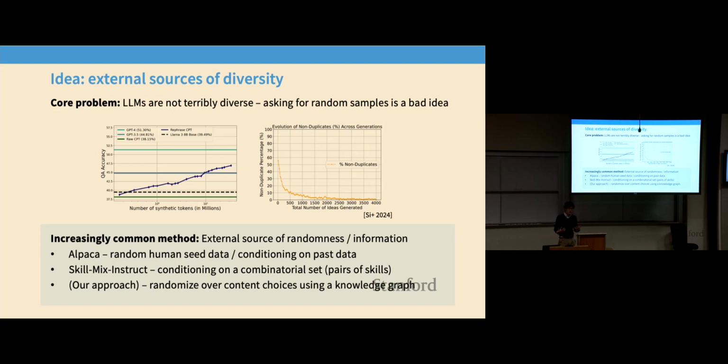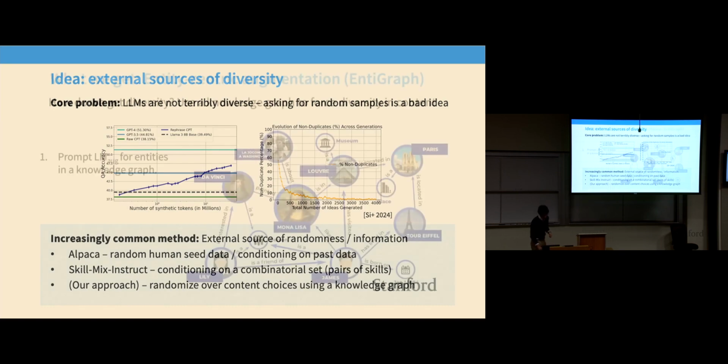In that approach, they list a number of skills that you want. They're generating data, so they're asking, here's 10 different skills. They pick random pairs of skills and say, generate an example that requires both of those skills. And our approach is going to be to randomize over different topics that you can talk about, and we're going to do that through a knowledge graph analogy or a formalism.